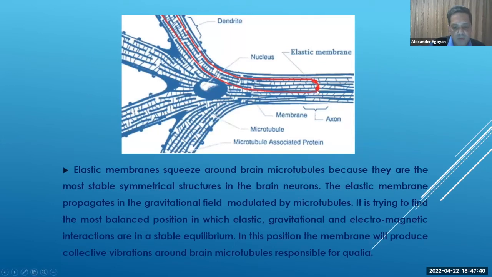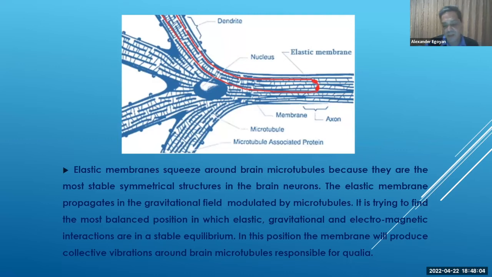Elastic membranes squeeze around brain microtubulus because they are the most stable symmetrical structures in the brain neurons. The elastic membrane propagates in the gravitational field modulated by microtubulus. It is trying to find the most balanced position in which elastic, gravitational, and electromagnetic interactions are in stable equilibrium.